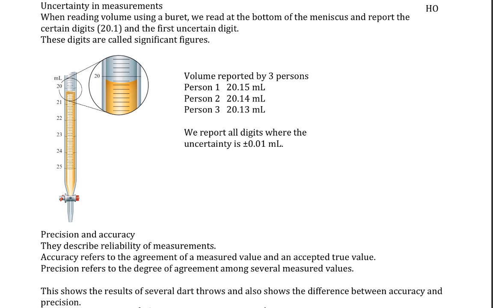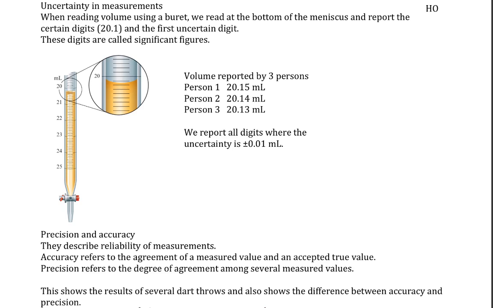Perhaps one person sees it as 20.15 mLs. Perhaps the second person said, no, it's more like 20.14. Perhaps the third person sees it as, no, 20.13 mLs. So it's the 5, the 4, the 3. Those are the uncertain digit, but it's better to report that than not.